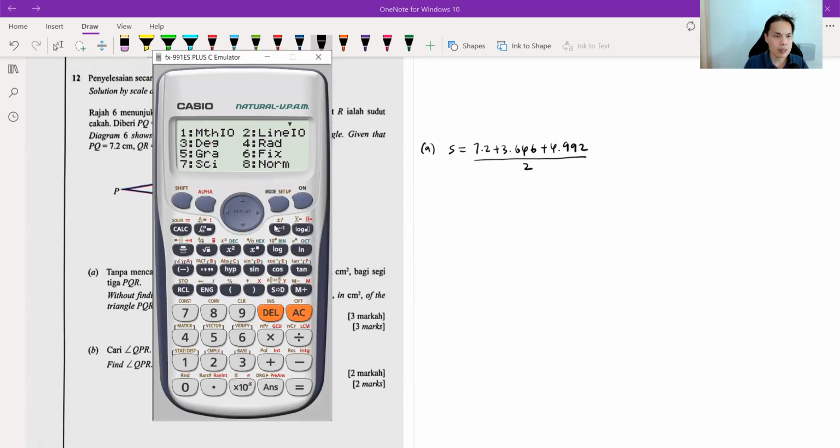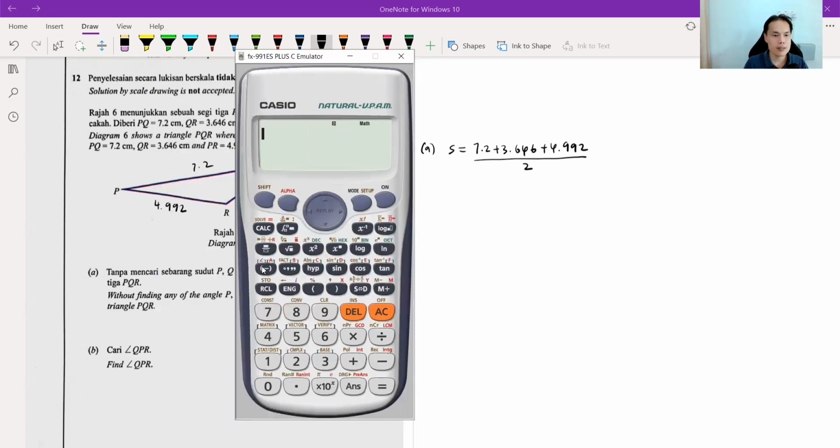Let me just adjust my calculator first, clear all. All right, now let's add them up. The first one is 7.2, second one is 3.646, third one is 4.992. You divide by 2. So this value is 7.919.